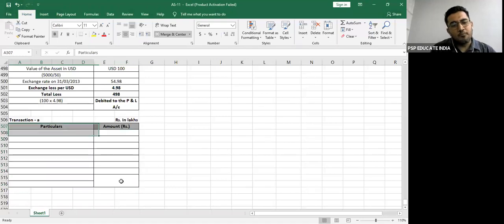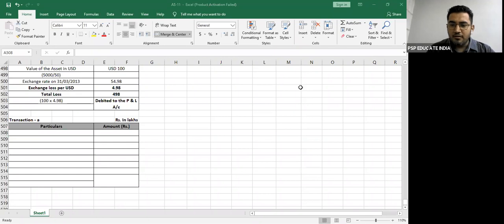Okay, so there is one more doubt. Please understand this. It says, sir, we have taken fixed assets. So isn't it a non-monetary item? The answer is, of course, it is a non-monetary item. So we are giving treatment according to non-monetary item only. We are not treating fixed assets as a monetary item.